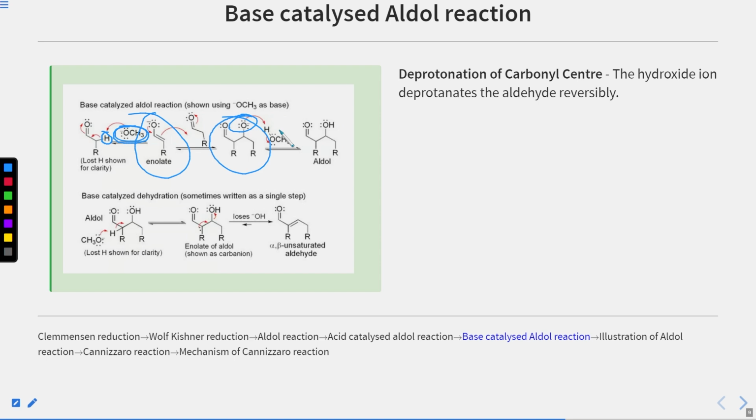So the H of CH3OH is taken up by the O⁻ of this beta hydroxy ketone. So this O⁻ takes this H, and we finally form your aldol product.